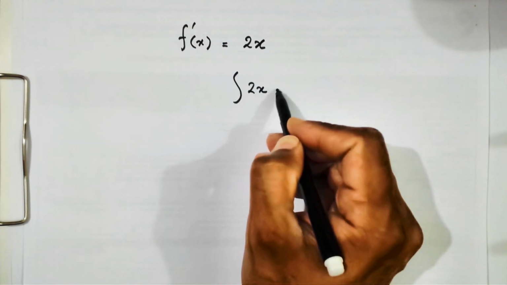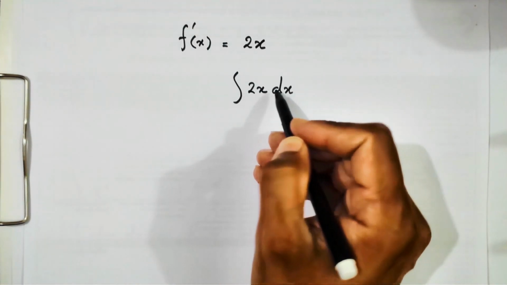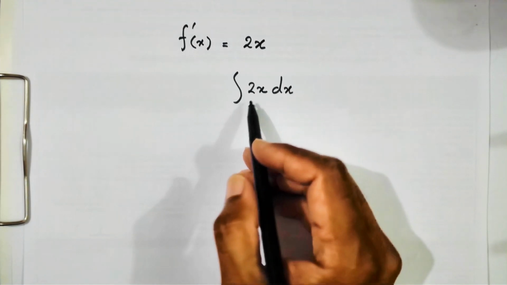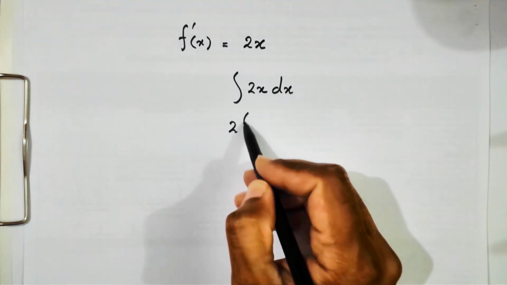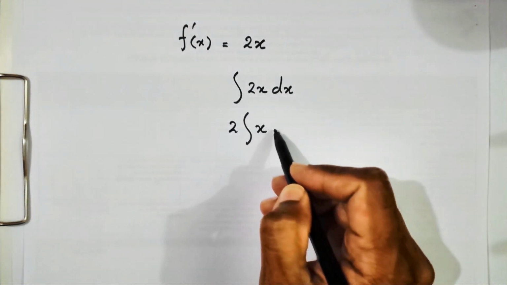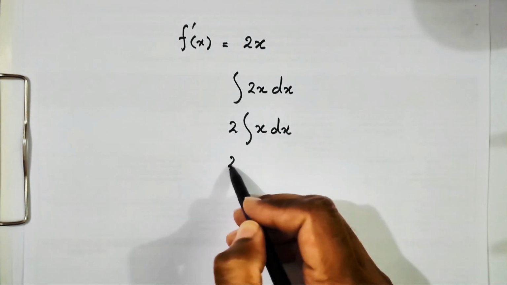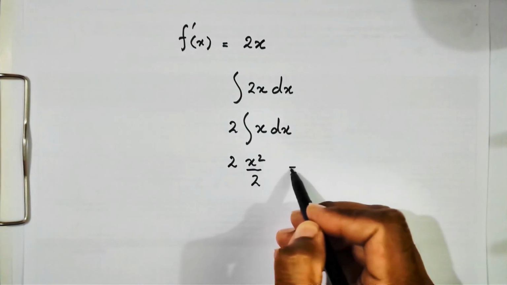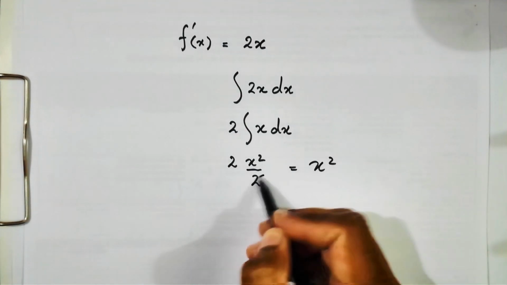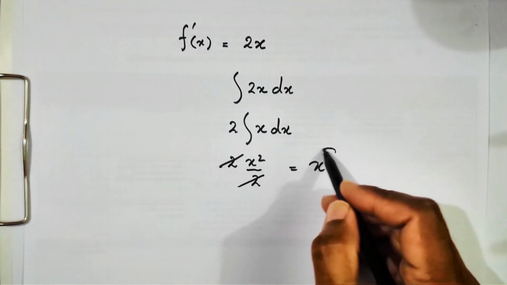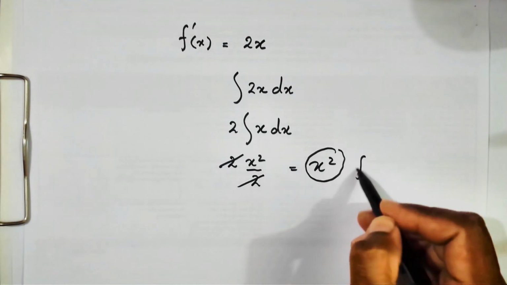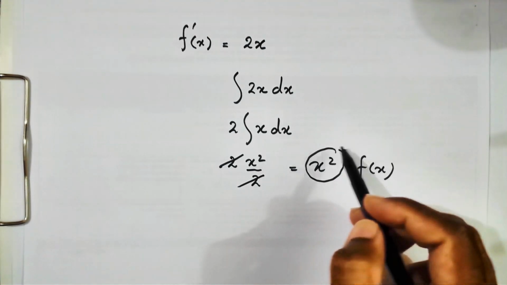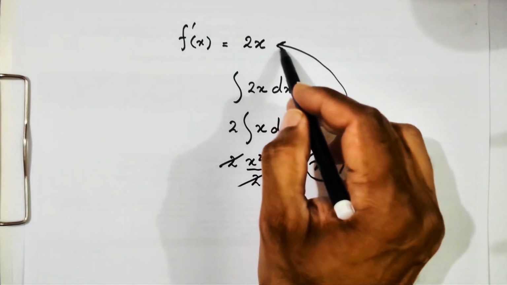We are going to find the function by using integration. After finding the integration of this function, we get the answer x square. So this x square is the required function whose derivative is given.